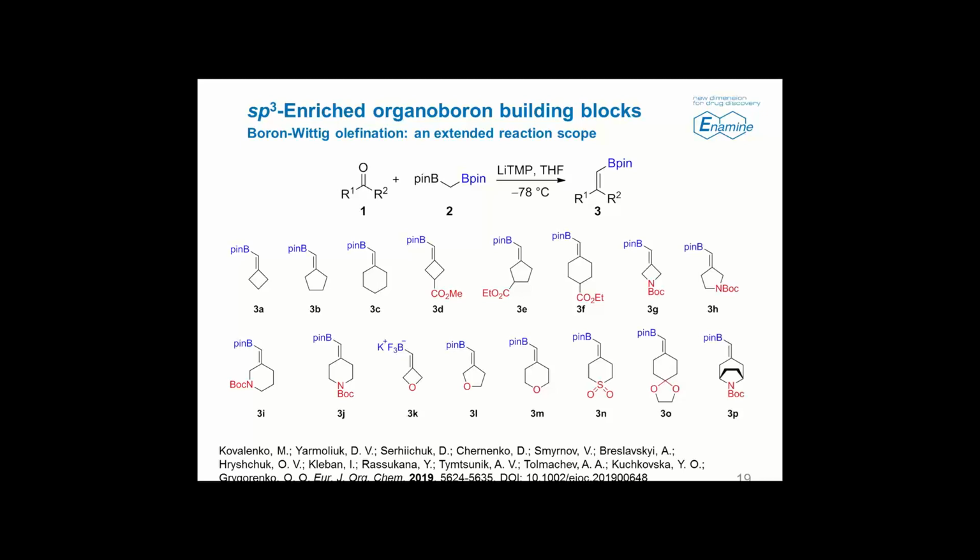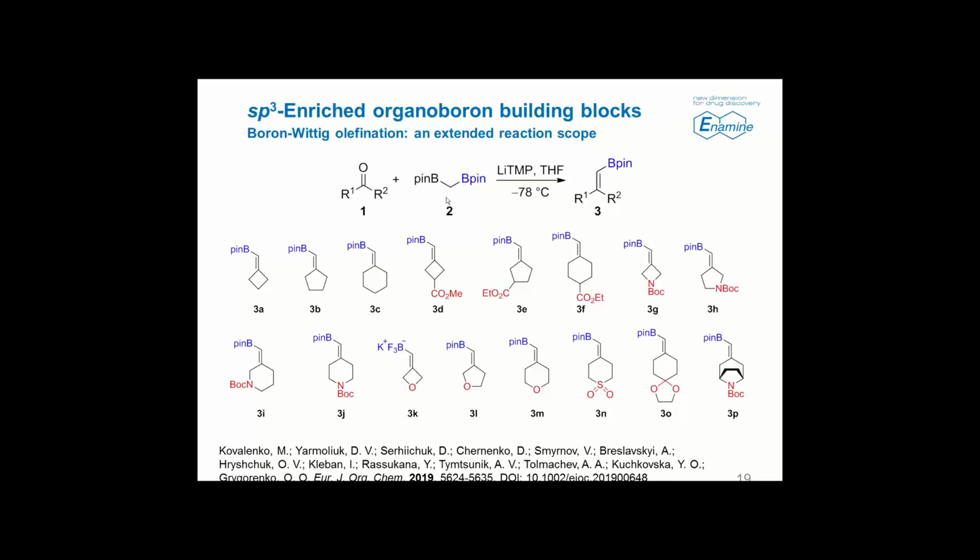So its scope was quite limited, and we have performed a significant extension of the reaction scope to many aliphatic ketones, cycloalkanones, heteroaliphatic alkanones, and they worked pretty well in this chemistry, so that these nice building blocks having a lot of sp3 atoms and organoboron moiety were obtained with high efficiency on multi-gram scale.